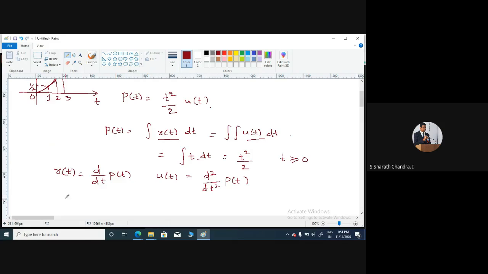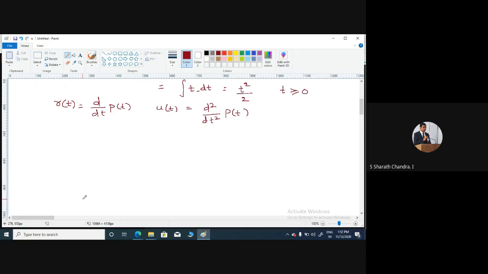Similarly, the discrete time unit parabolic sequence p of n can be defined as p of n is equal to n square by 2 for all n greater than or equal to 0, and it is 0 for n less than 0.